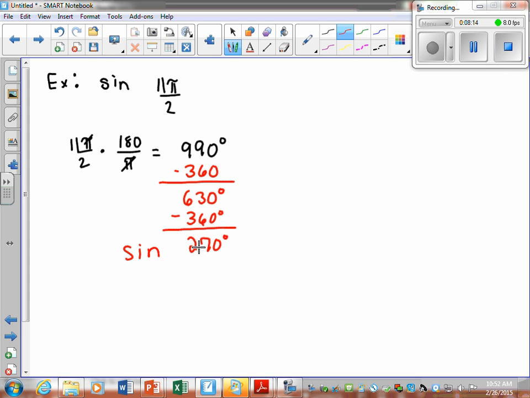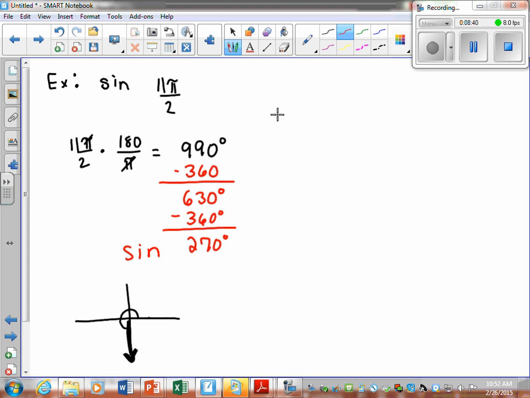So now we're okay, and I'm going to say, all right, I want to know the sine of 270. We haven't talked a whole lot about it before, but these two, sine of 270 and the sine of 990, are called coterminal. And on a side note, coterminal just means that 270 degrees, if I started at my initial, went all the way around, puts me here. Okay, puts me at this location.